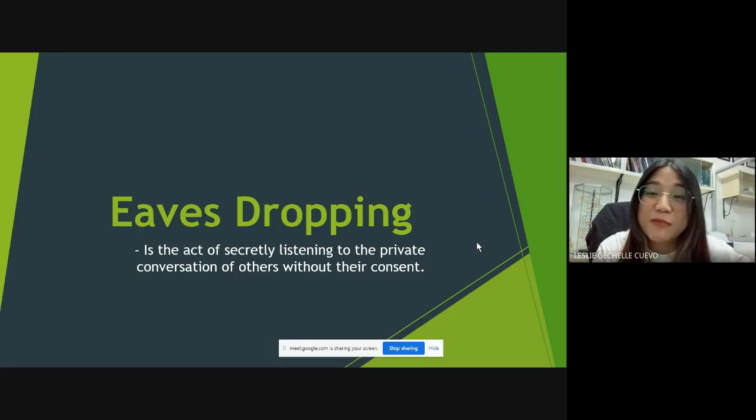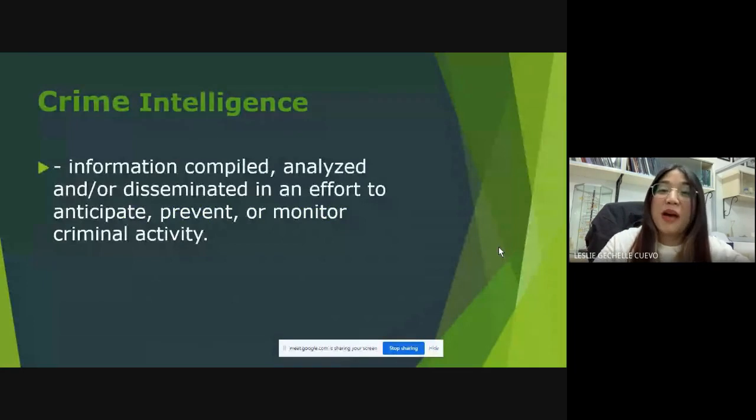Nakikinig ka sa usapan ng iba, and you call that eavesdropping. And when you use electronic devices for you to hear other people's conversation, then yun, wiretapping naman na yun. Basta si eavesdropping, nakikinig ka lang sa usapan ng iba nang hindi nila alam at hindi sila pumayag.